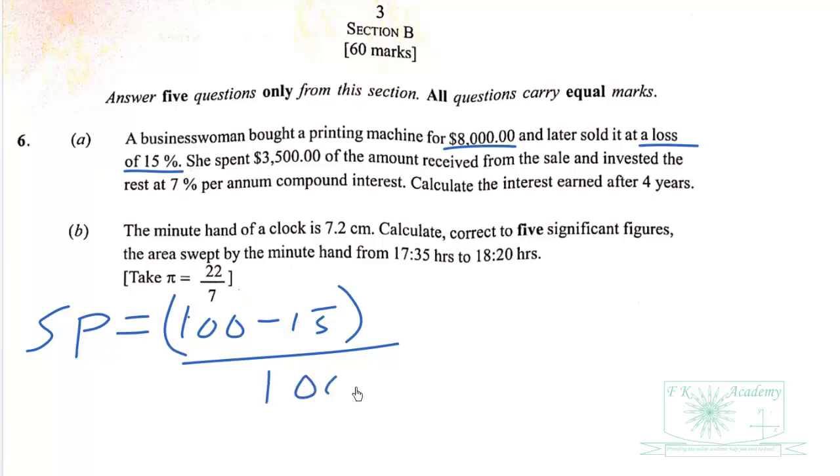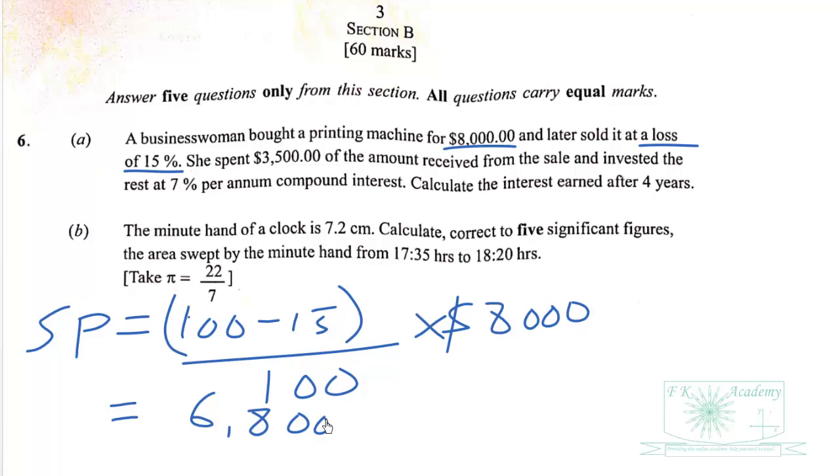So 85 over 100 times the selling price, which is $8,000. And this will simplify to $6,800. You can simplify this to get this. I want you to do that for me.